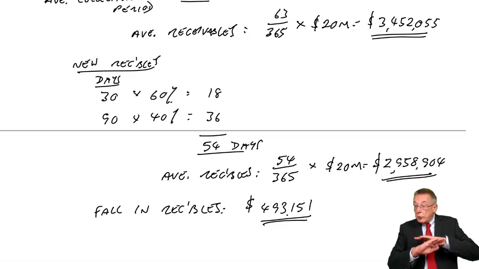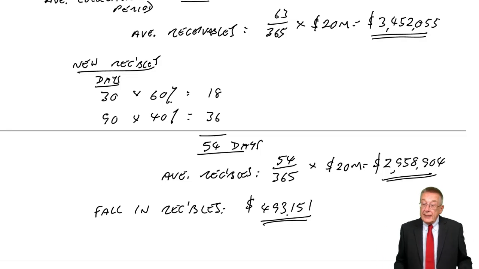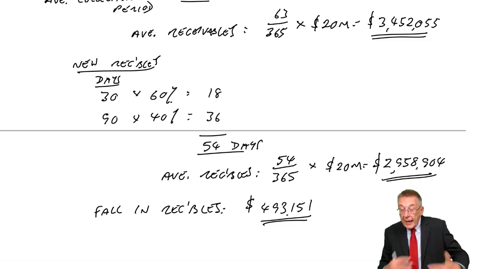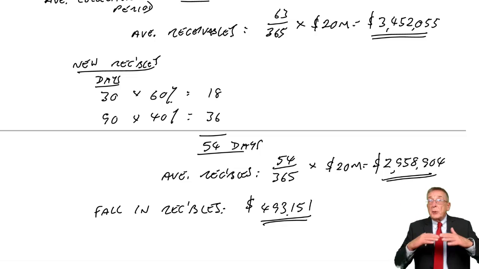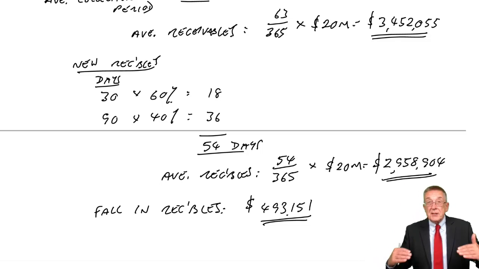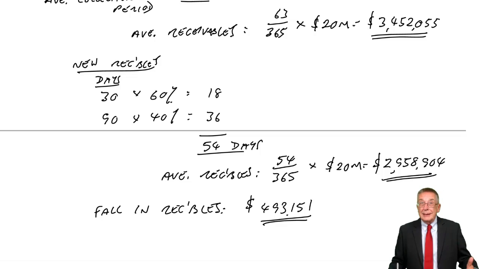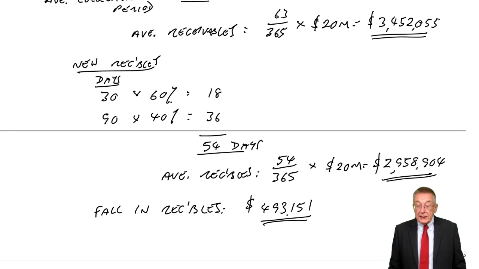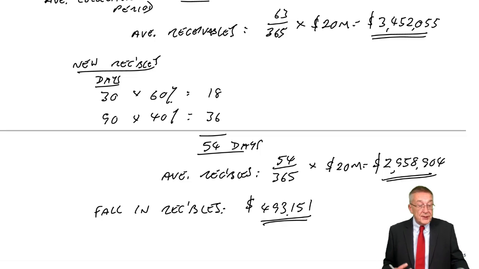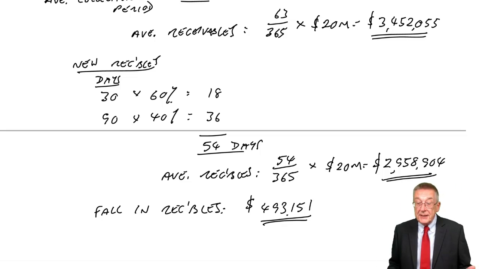And so throughout the year, on average 3.4 million, falling to an average 2.9 million. So throughout the year, receivables are 493,000 lower. And as a result, we can reduce our overdraft by 493,000 and save interest at whatever rate it is, 15%.